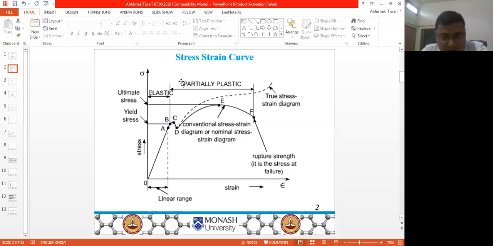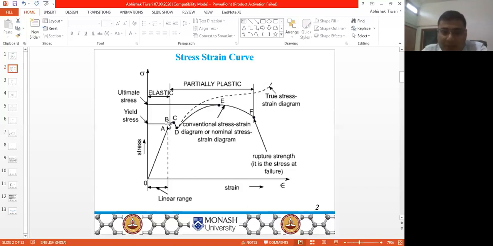Now, the engineering stress strain curve is also called the flow curve. From point O to A, it is a linear region, and from A to B, it is increasing but not linearly. From point O to B, it is called the elastic region. What do we mean by elastic region?